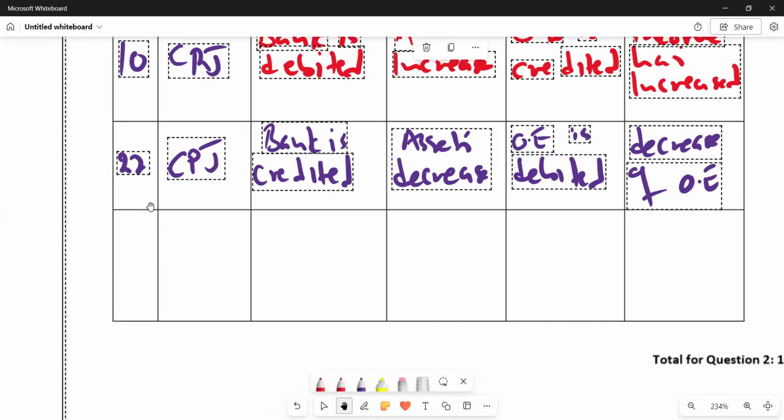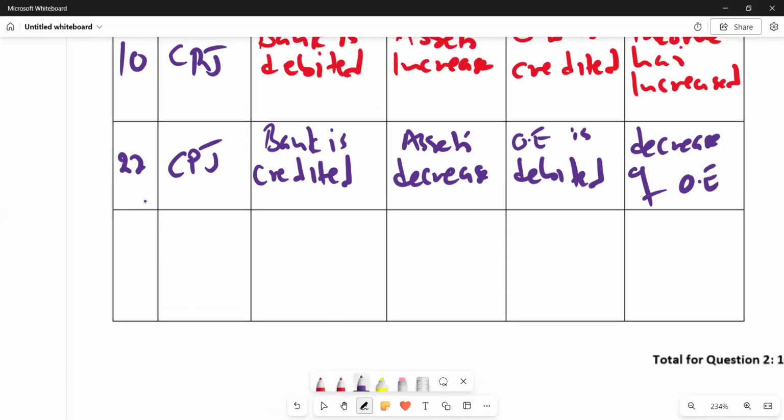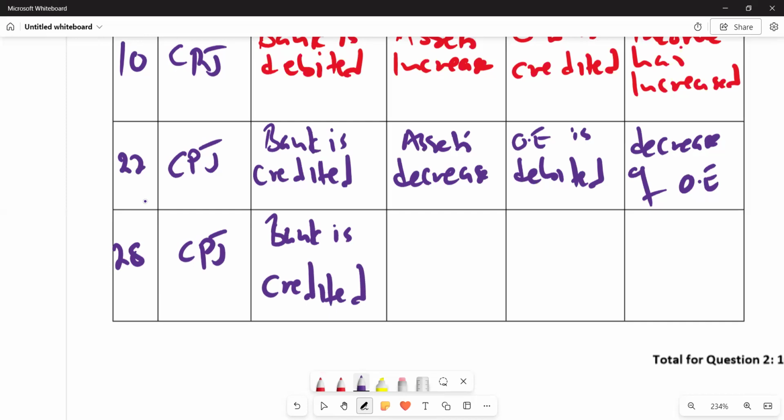The date is the 28th, and we are paying, so it's a cash payment journal, and bank is credited. The reason: assets decrease. And then we go to owner's equity.